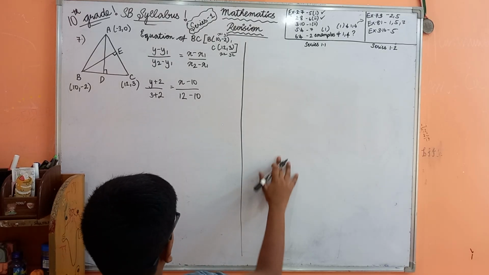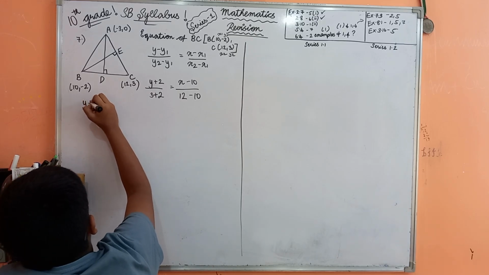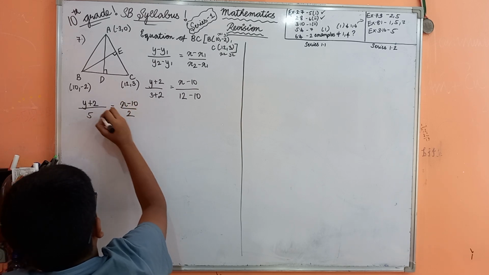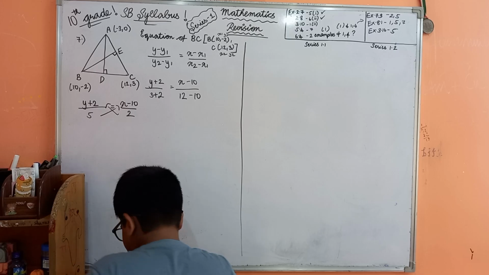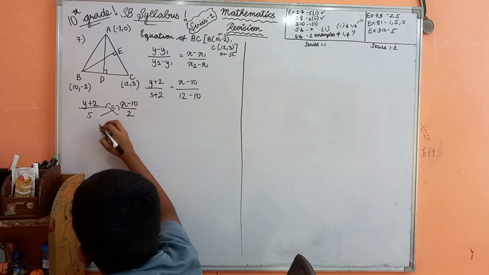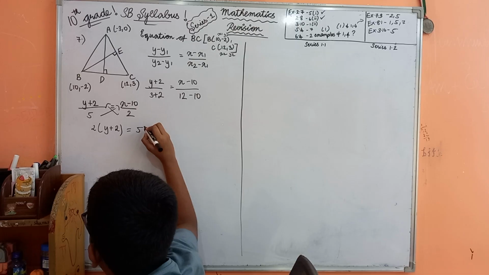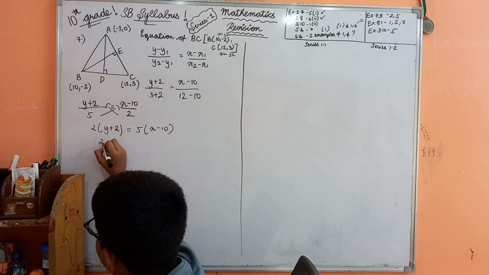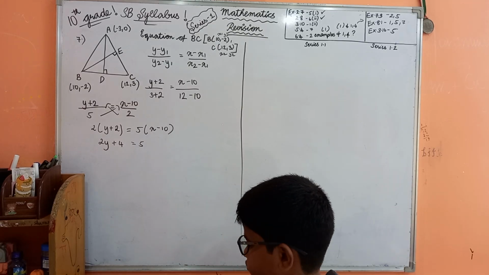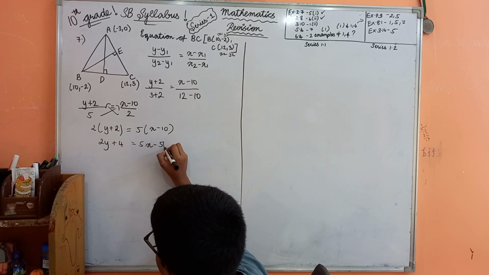So I'll find BC over here and AD over here, so I'm going to make spaces. So y plus 2 will just come over here, and 5 is equal to x minus 10 by 2 in cross multiplication. So it's 2y plus 4 is equal to 5x minus 50.